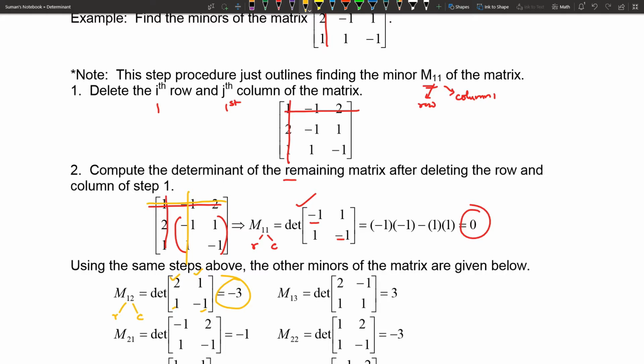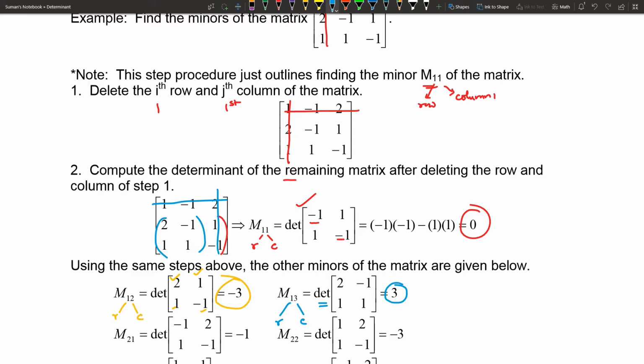Let us check another minor: the minor of M13, that means first row and third column. We delete the first row and third column, so the remaining matrix is 2, minus 1 and 1, 1. The determinant is 2 into 1 minus 1 into minus 1, so we get the result 3.